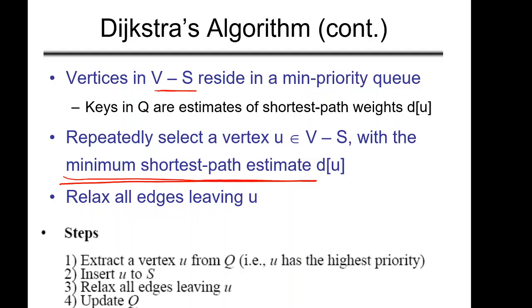And in this way we will relax all the edges leaving u. So from the source, suppose we come to a point u, we pick u since it has the minimum shortest path estimate, and then after picking this we relax all the edges which are leaving this node u. I hope you are clear with this word relaxing the edge.